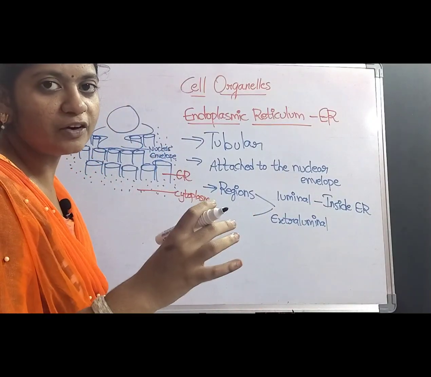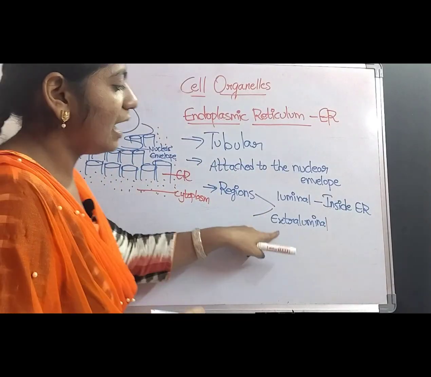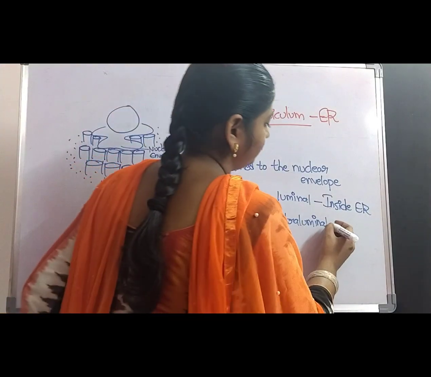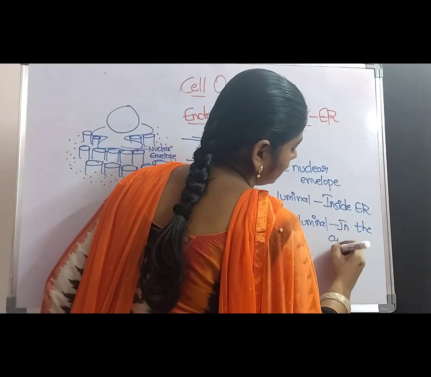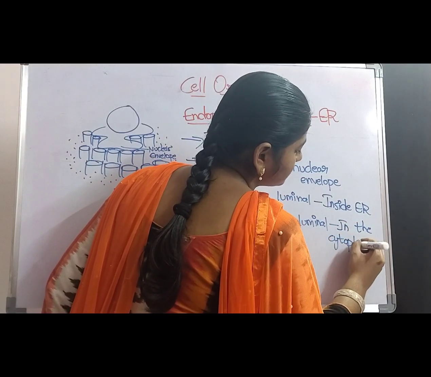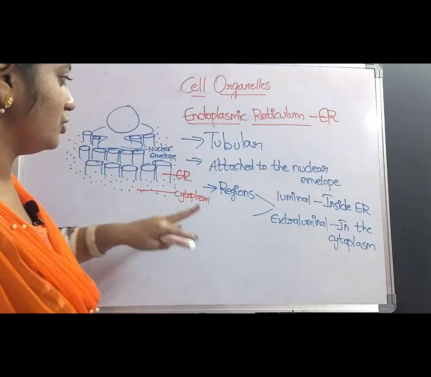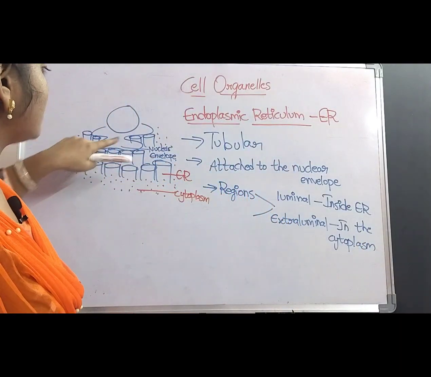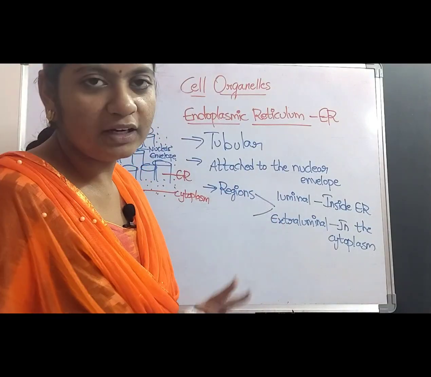So, the endoplasmic reticulum which is observed in the cytoplasm is called the extraluminal region, and the region which is observed inside the endoplasmic reticulum is called the luminal space.